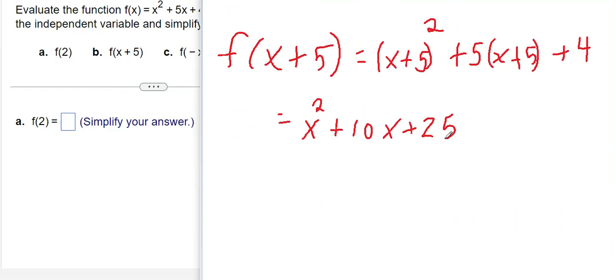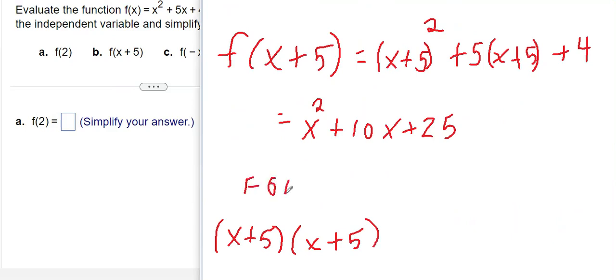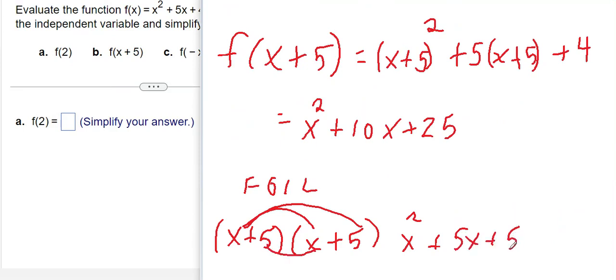Now you may be saying, well, where did you get the 10x? Well, you need to remember that x plus 5 squared means multiply that binomial by itself and use the FOIL rule. Remember FOIL? First two, x squared, outer two, 5x, inner two, 5x, last two, 25.